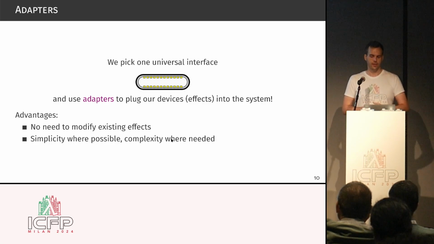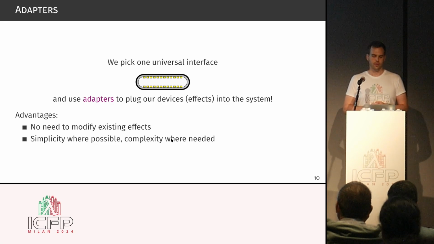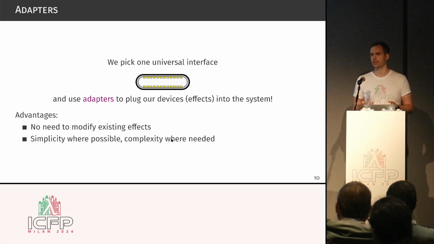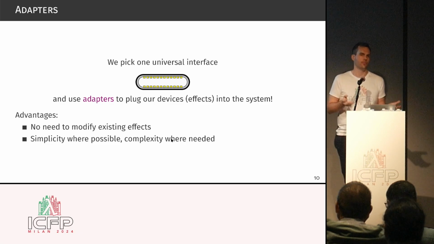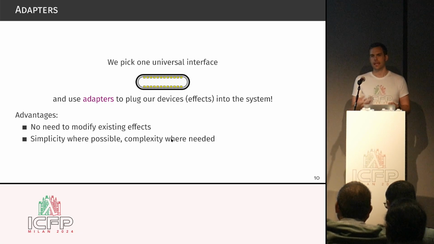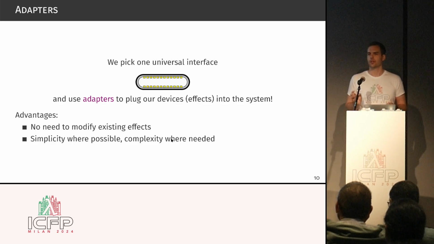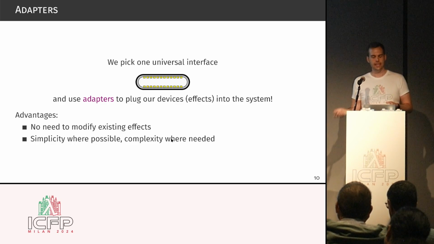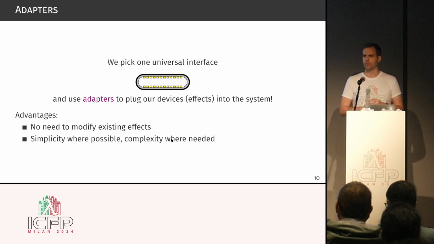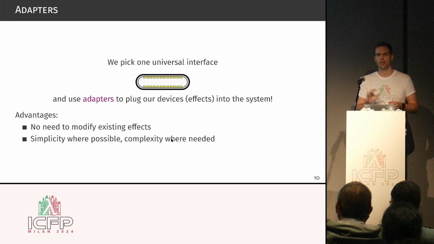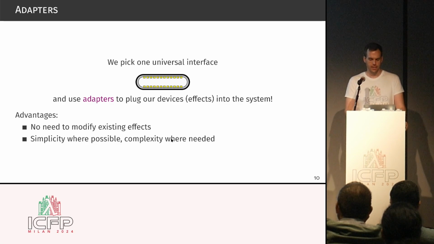This allows us to have the simplicity of algebraic effects where we can use it, but we also have the complexity of latent effects where we need it. It also allows us to largely keep the effects as they are, although we have to make some changes.